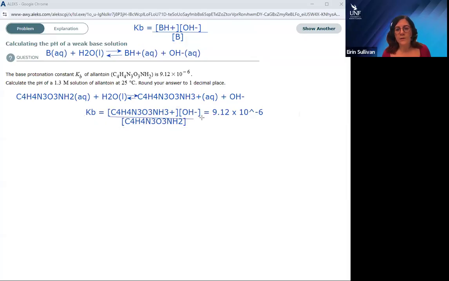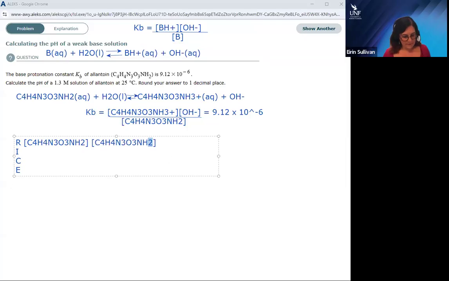First of all, we're going to do our ICE table or RICE table, whatever you prefer. So reaction, initial concentrations, change in concentration, and equilibrium concentration. So weak base, conjugate acid, and last but not least, hydroxide.